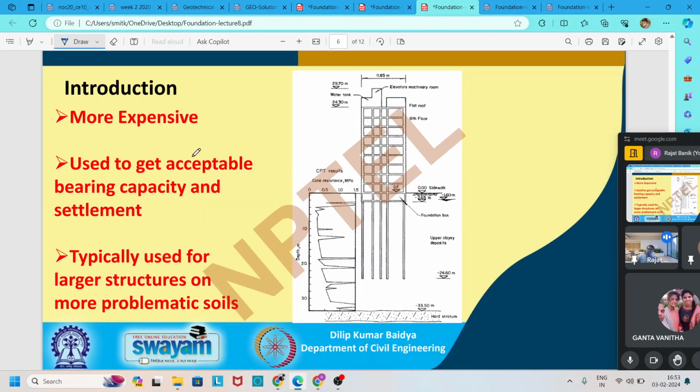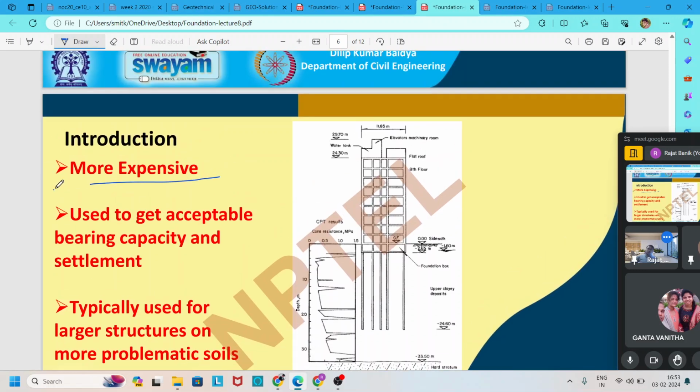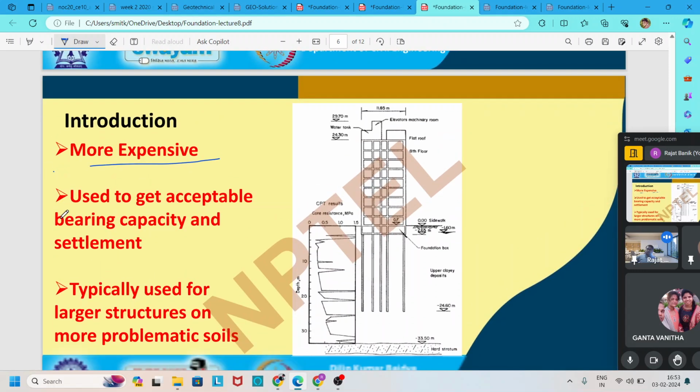Here are some factors we need to address when we go with the deep foundation. If we have more expenses, or more money to invest, then we go with the deep foundation for a safer foundation system.